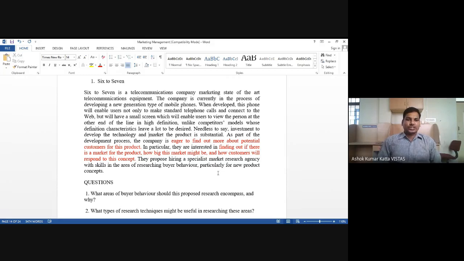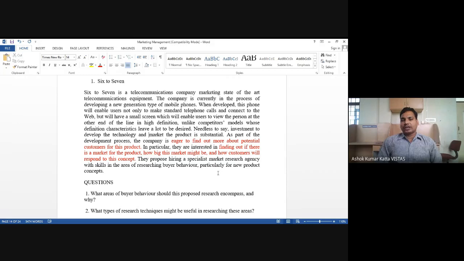Now when you see the questions: what areas of buyer behavior should this proposal to the research encompass and why? So in which area and who are the buyers going to buy our particular product, that we need to identify, and what kind of research we can follow. The second thing is what type of research techniques might be useful for researching this area.